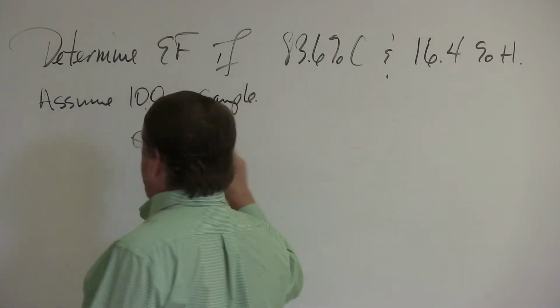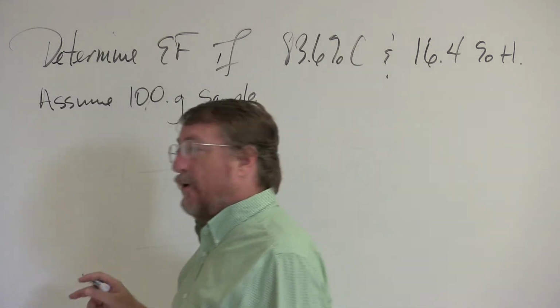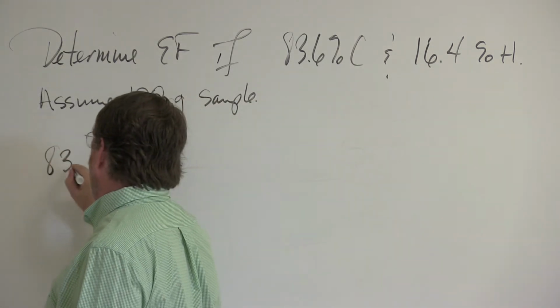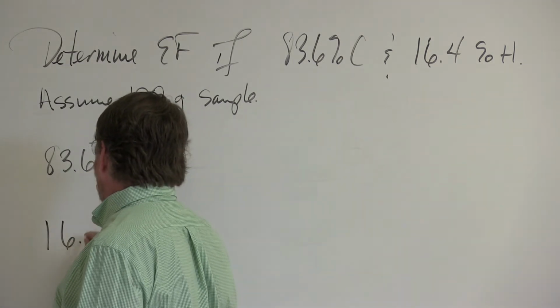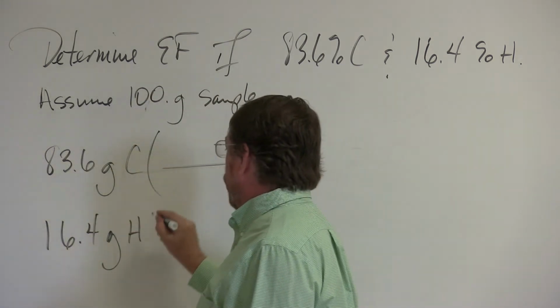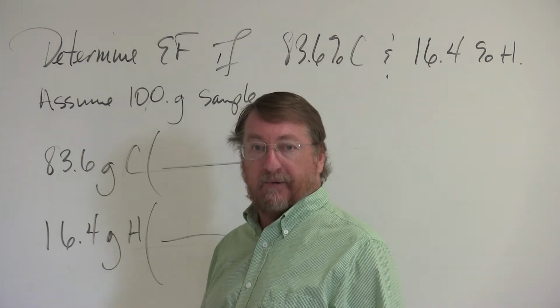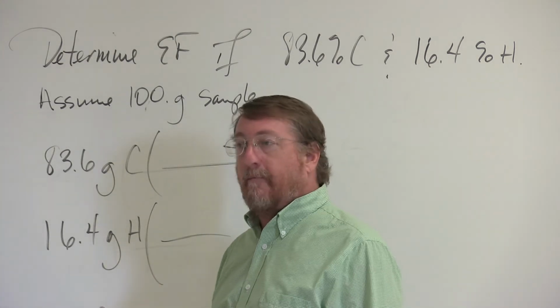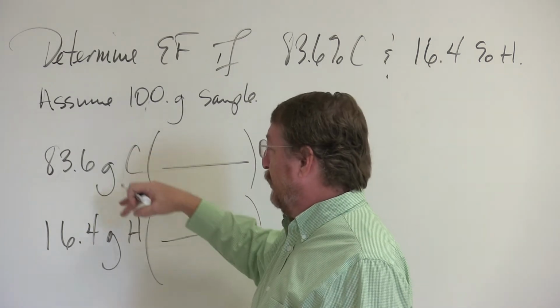If we have a 100 gram sample of this compound, 83.6 grams will be carbon. So we have 83.6 grams of carbon. We have 16.4 grams of hydrogen. I'm going to convert these to moles because our empirical formula and molecular formula are in moles, not in grams. So don't divide through or anything here.